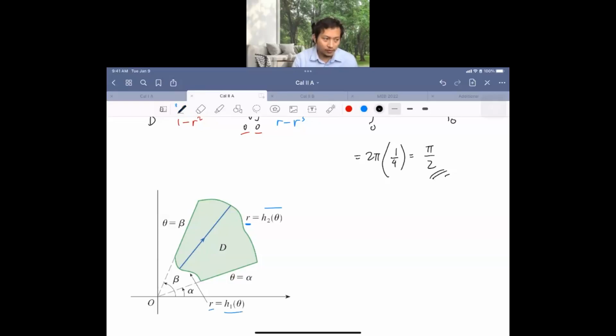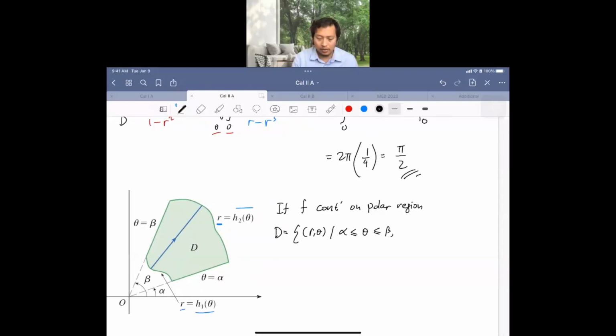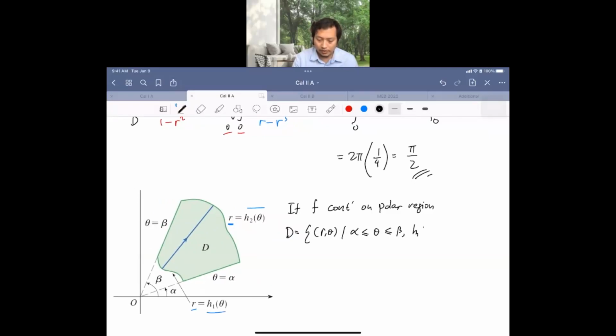So let me write: if f is continuous on a polar region D, where D is given by alpha ≤ theta ≤ beta and the r is between functions of theta, h1(theta) and h2(theta), then we could write the double integral.